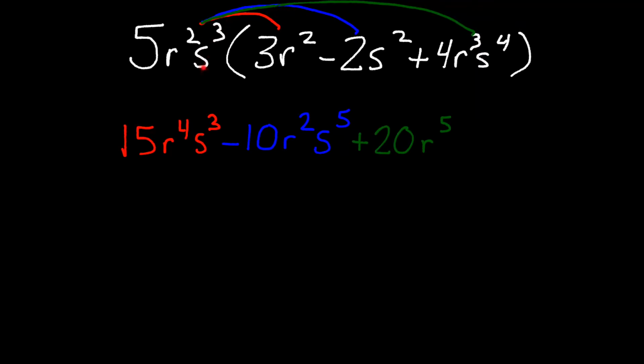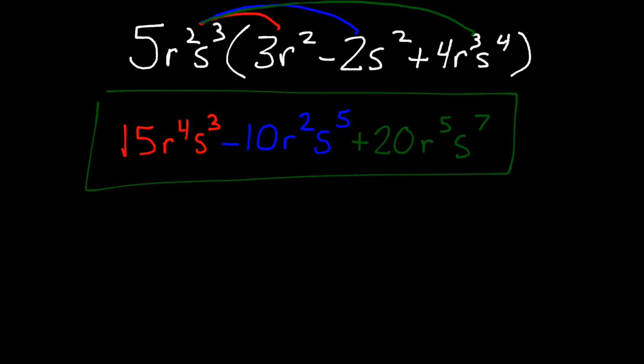And then lastly, I have s cubed times s to the 4th. Now this is the first time in this problem where both variables are present in both terms. So I'm going to once again add my exponents. 3 plus 4 is 7. And I end up with s to the 7th. And this is our product.